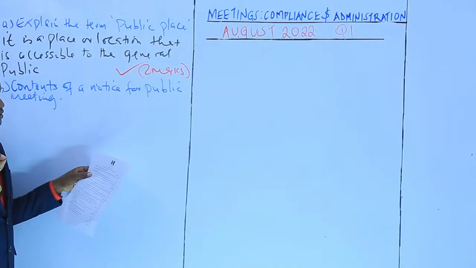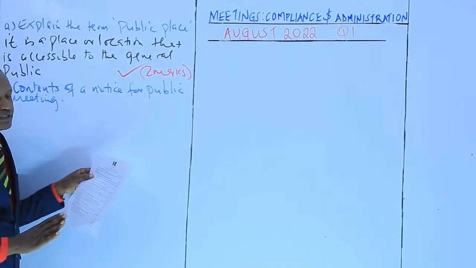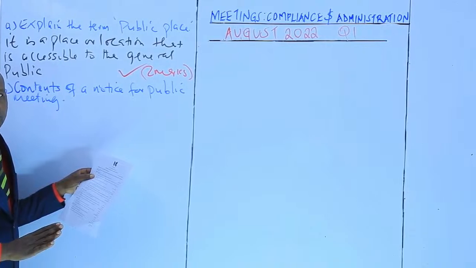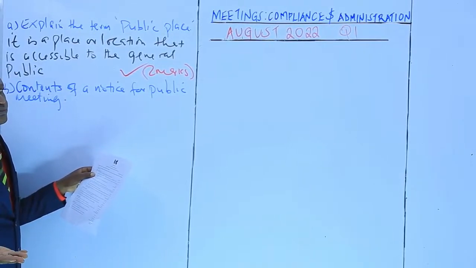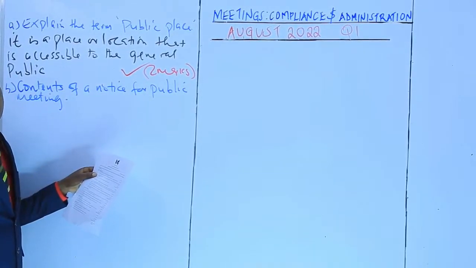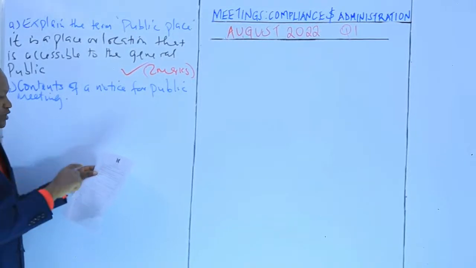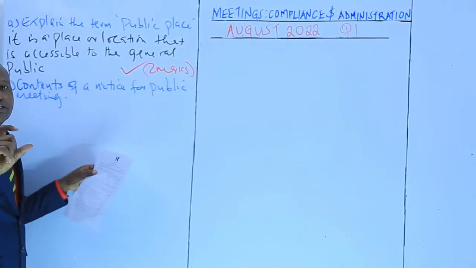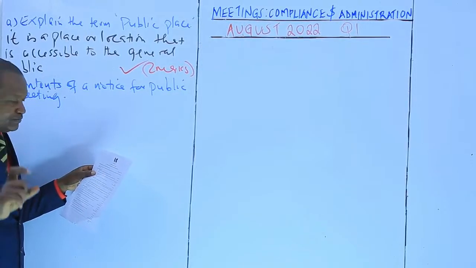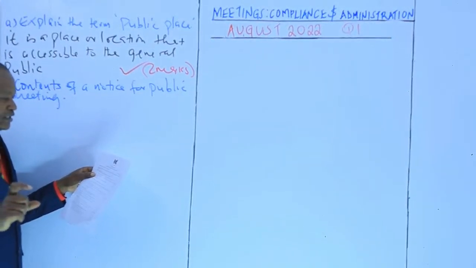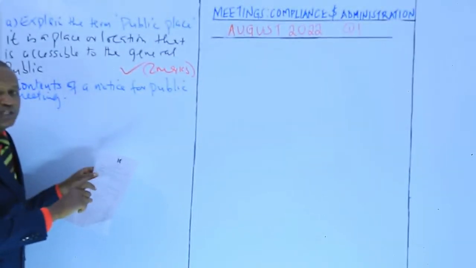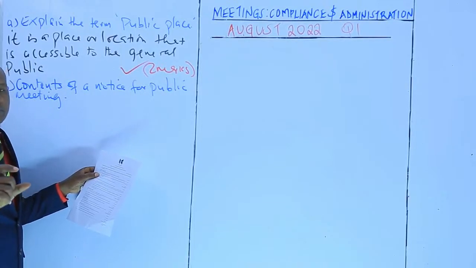Now, this one seems to be an easy question because candidates should expect a notice to have a date. If it is a notice for a meeting, then we expect a notice to have the time the meeting will be held. You may also expect a notice for a meeting to have a venue.